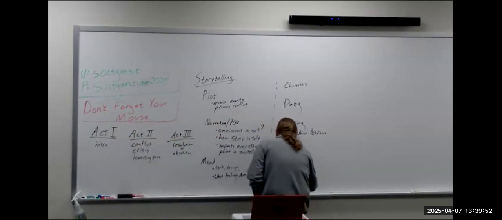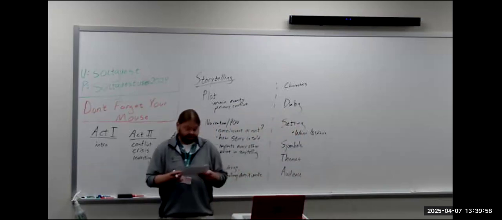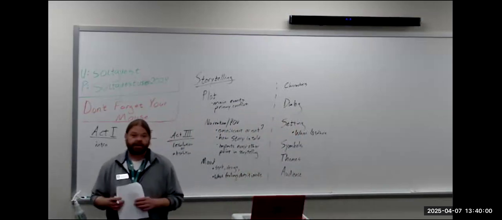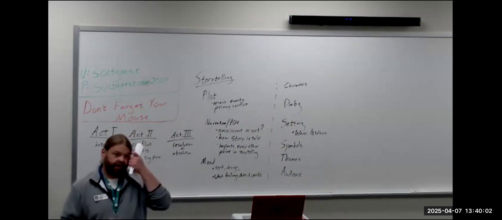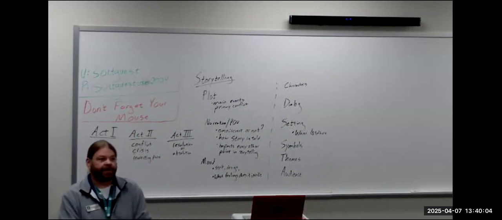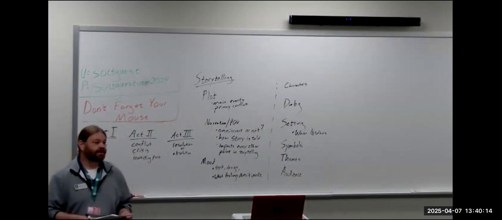And the last one on here is the audience. Who is your target audience for the story? If you're making a game that you expect people in the 4 to 9 year old range to play, you're going to make it very different than you would if it's something for adults or teenagers.